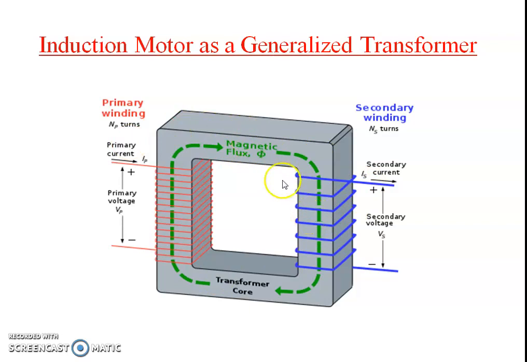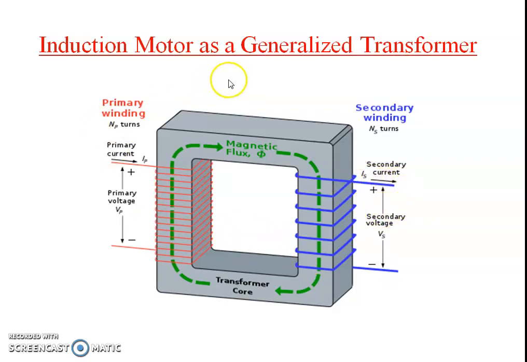In this case the flux is movable but the conductor is stationary, so EMF is induced in the secondary winding. Suppose I connect a voltmeter at the secondary end of the transformer, I will get the secondary voltage Vs. Now when I connect the load here, the secondary current will flow through the secondary winding.